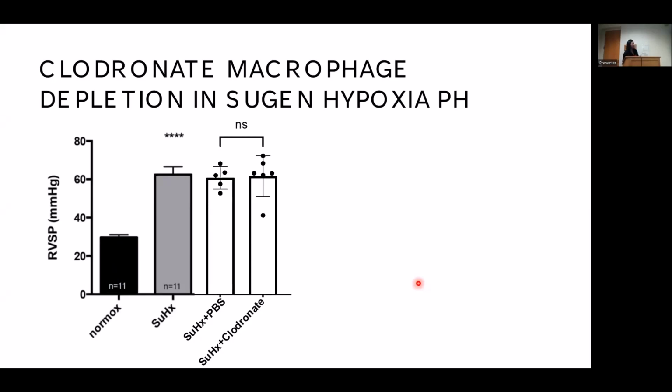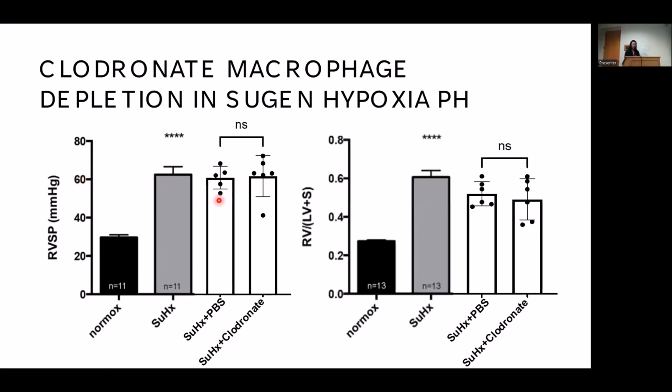So in this set of experiments on using clodronate for macrophage depletion in Sugen hypoxia, we saw that the Sugen hypoxia plus vehicle-treated rats and the Sugen hypoxia clodronate-treated rats all developed pretty severe pulmonary hypertension, with RVSP in the 60s.